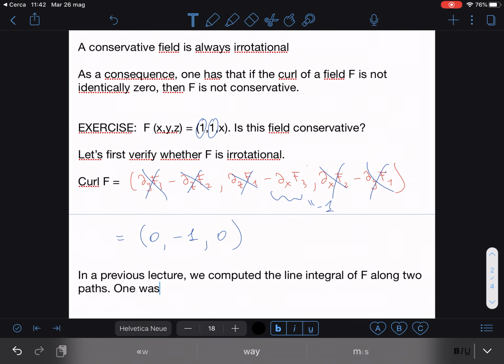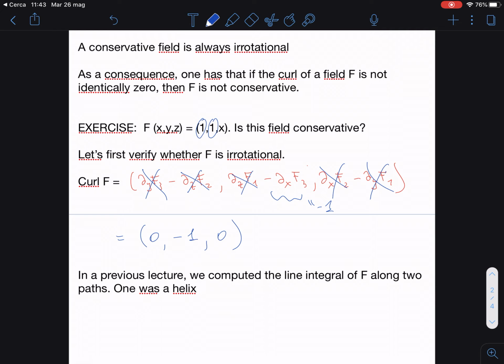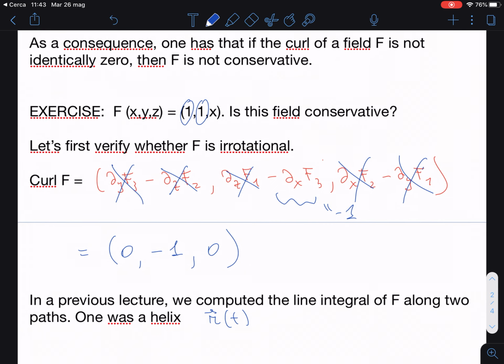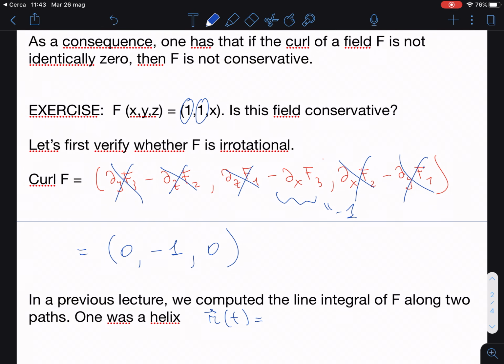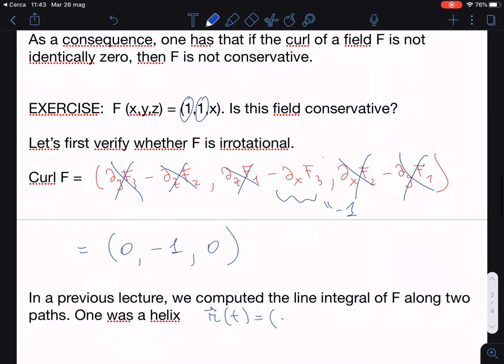One was a helix, whose equation was r of t equal to cosine of t, sine of t, t, for t in the interval 0 to pi.